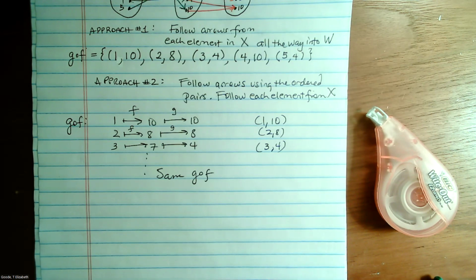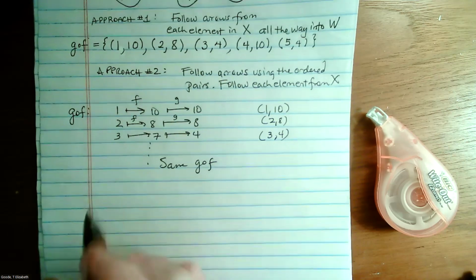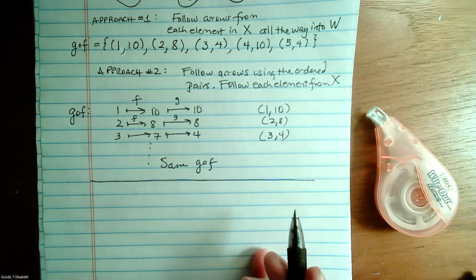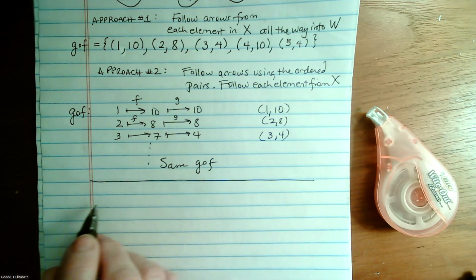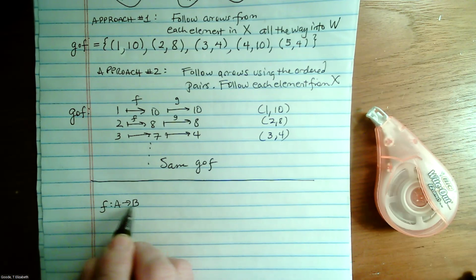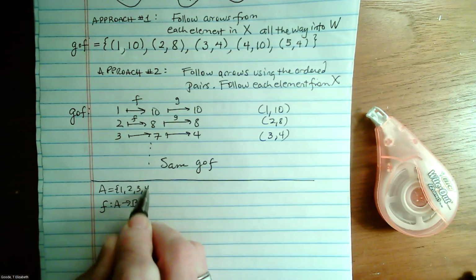So at the very end, in that one, it was a challenge, right? We've got F goes from A to B, where A had the elements 1, 2, 3, 4, 5, and 6.